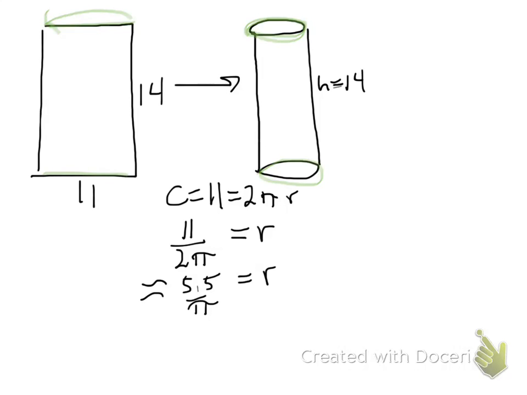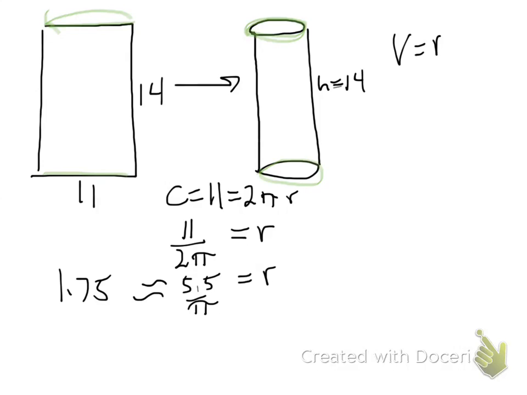And some people wrote this down, it's about 1.75. We want the volume of this one, so the volume is base times height. Here, I'm going to back up, put it up top here.